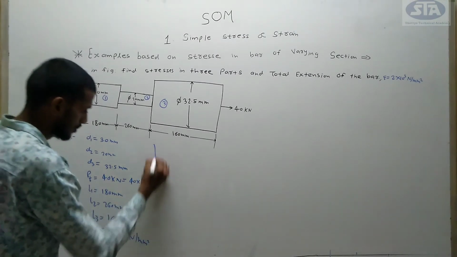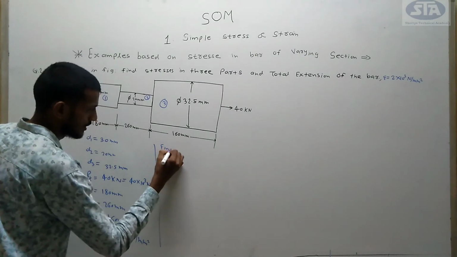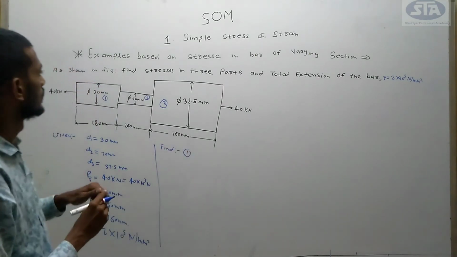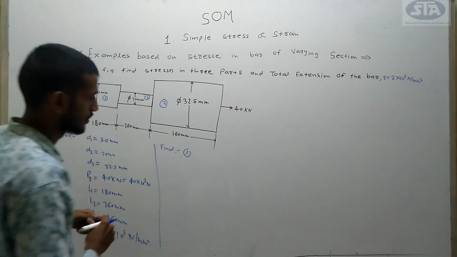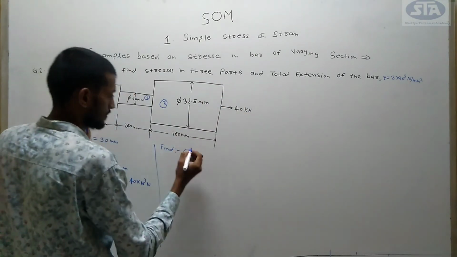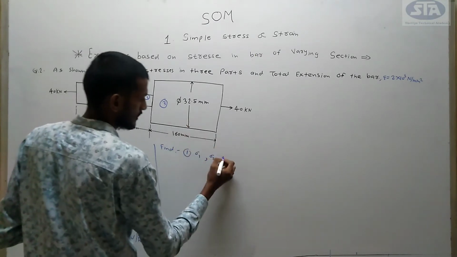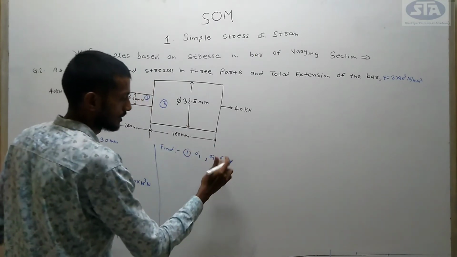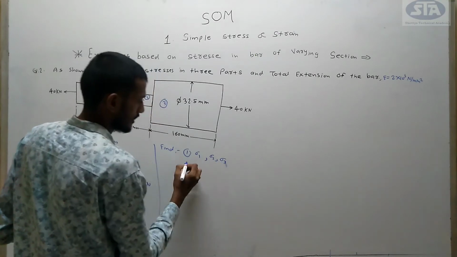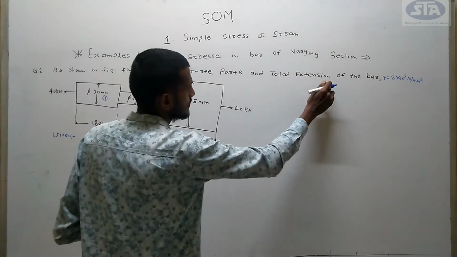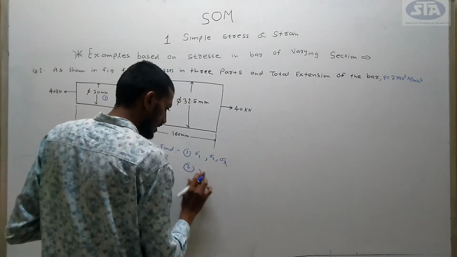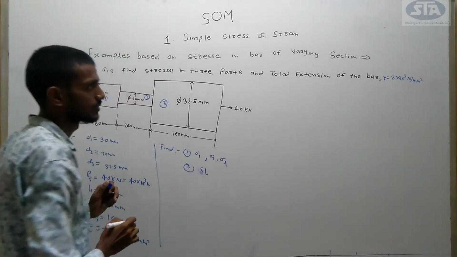What we have to find: first, the stresses in the 3 parts, that is stress 1 for section number 1, stress 2 for section number 2, and stress 3 for section number 3, sigma 1, sigma 2 and sigma 3. Second, the total extension of the bar, that is called delta L. We already discussed this in previous examples.